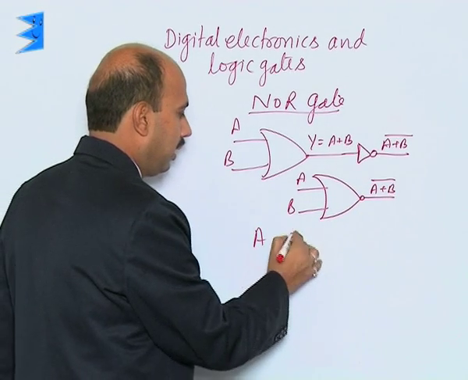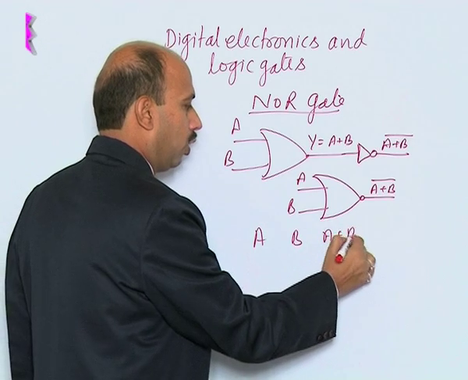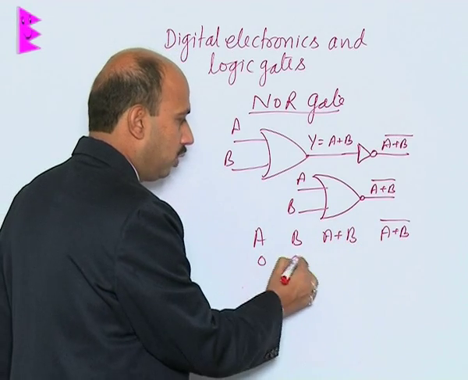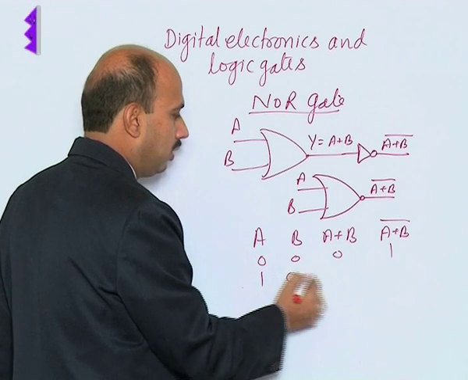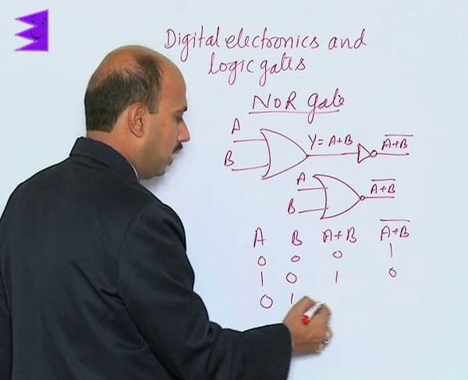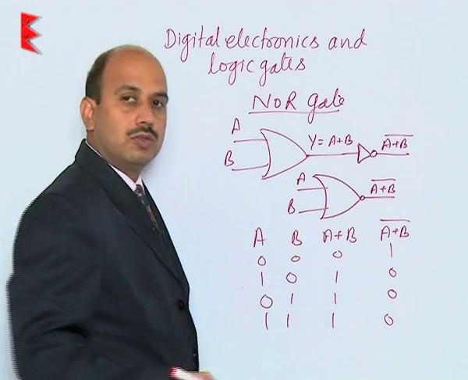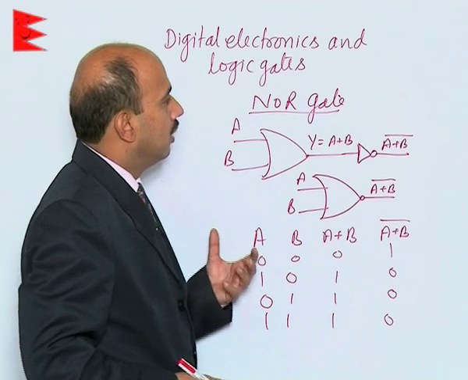We can take A, B, A or B, and its bar, this is NOT: 0, 0, 0, 1; 0, 1, 1, 0; 1, 0, 1, 0; 1, 1, 1, 0. So, this is the truth table for the NOR gate.